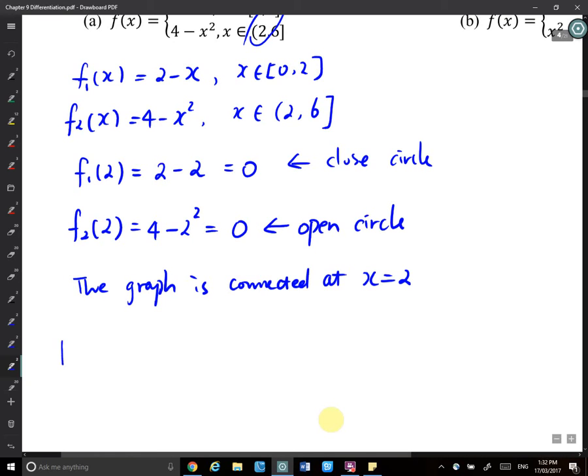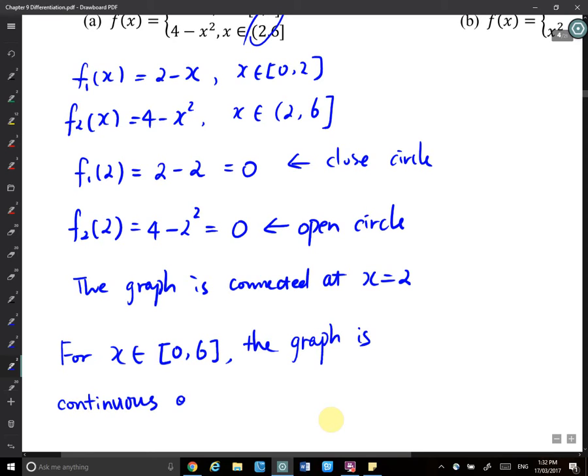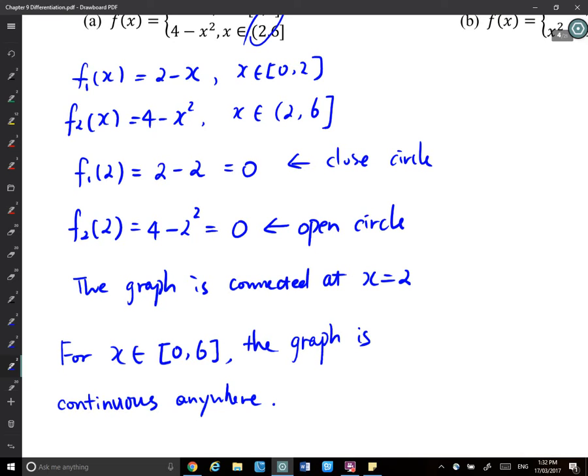So you say for x belonging to 0 to 6, the graph is continuous everywhere, because the only problem may occur at the connection point, and you have proved that the connection point has no problem. So it's continuous everywhere. That's how you test continuity.